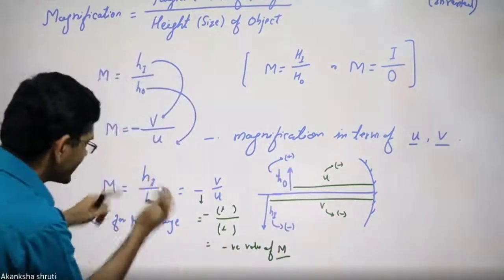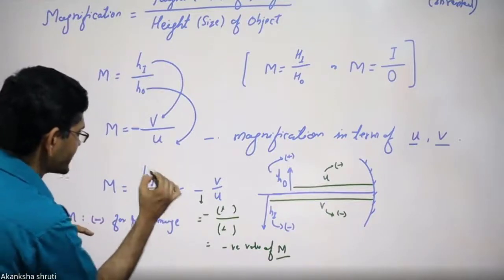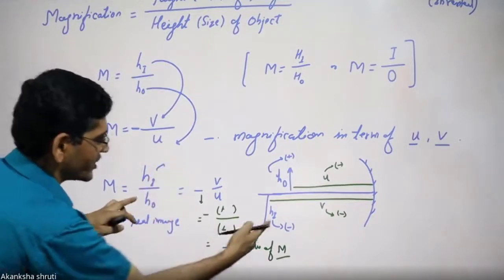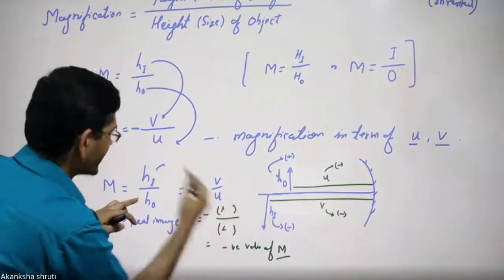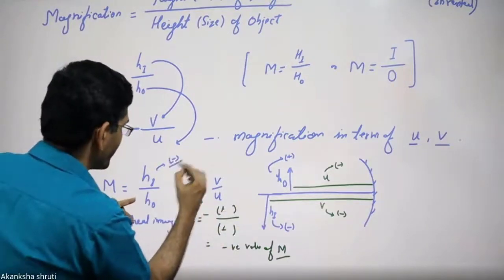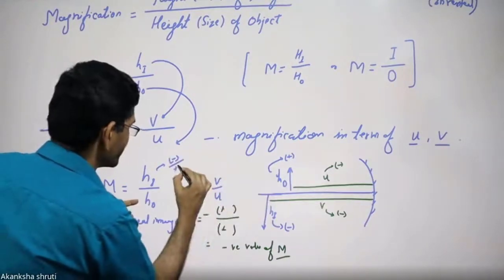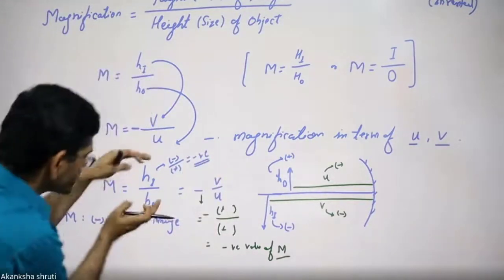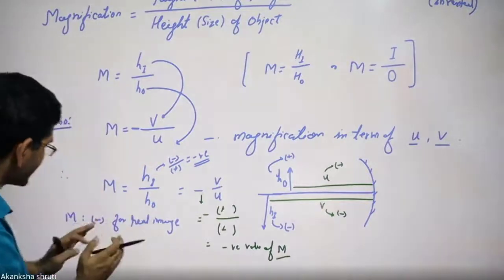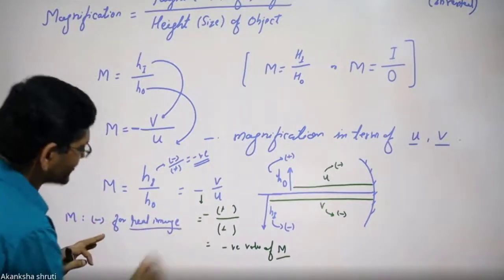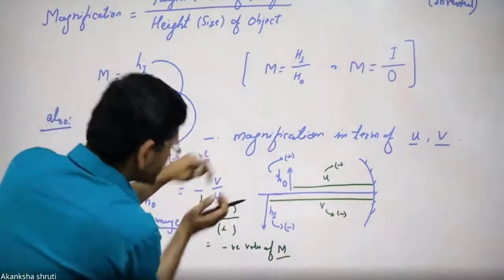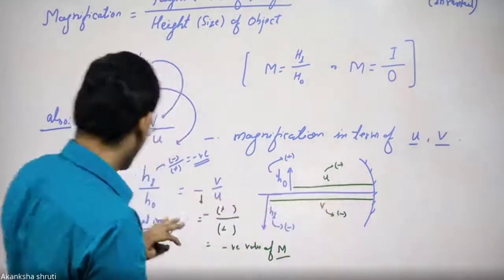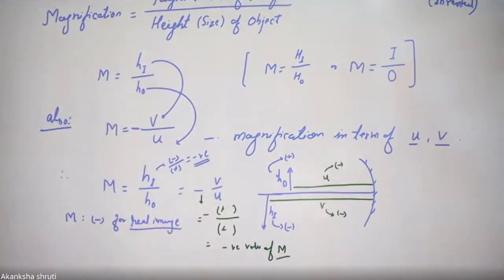Sign-wise only I am considering: HI something negative by something positive. So obviously this will be negative. This way, using either this part or this part, you can confirm magnification is negative for the real image.